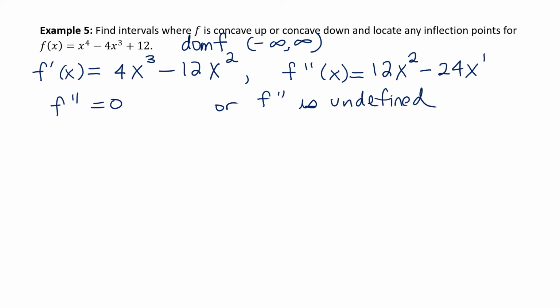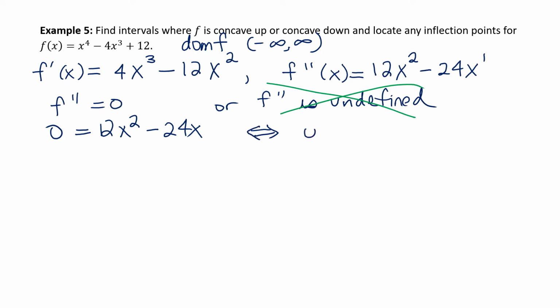And that's not going to happen because the second derivative is a polynomial as well. We'll proceed to find where the second derivative function equals 0. We got 0 is equal to 12x squared minus 24x. We can factor out a 12 and an x. Factor out a 12x from 12x squared, you still have 1x left.